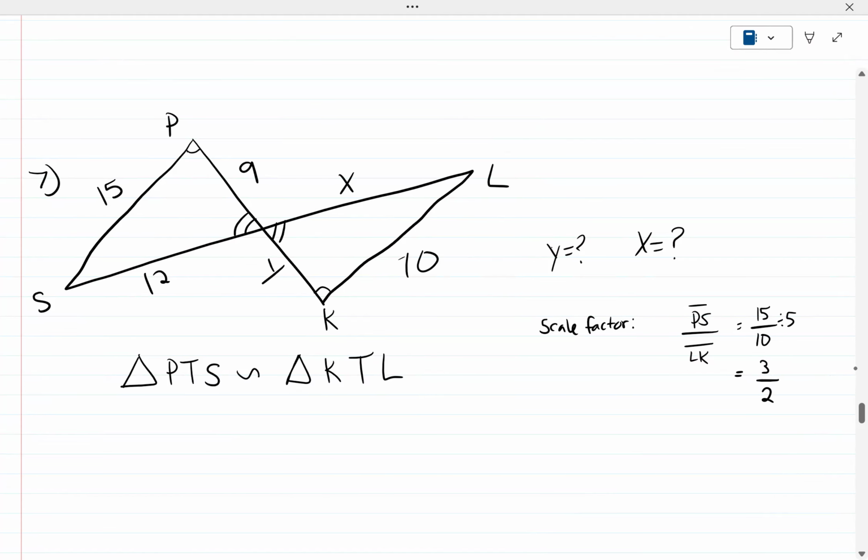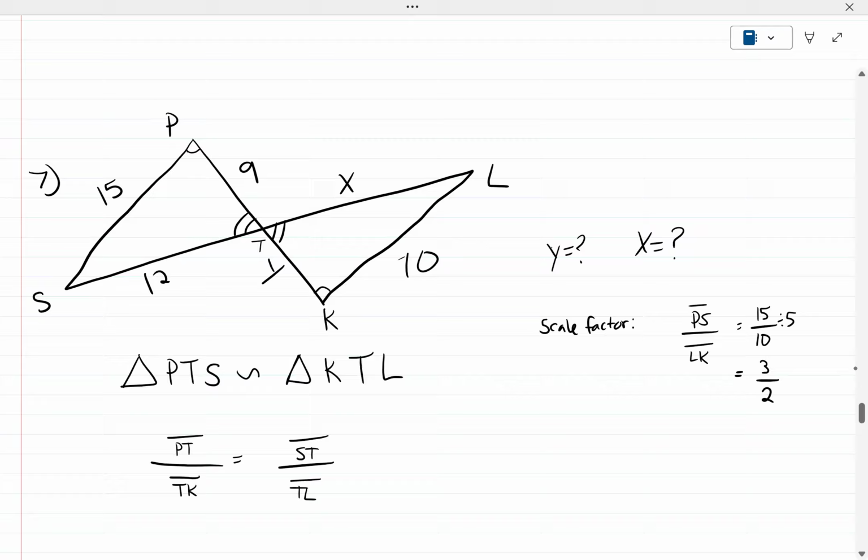This is a T right in the center. You could say line segment PT over line segment TK is equal to line segment ST over line segment TL.